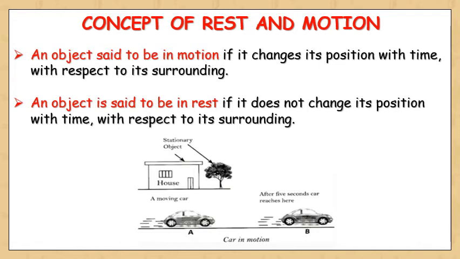After a few seconds, we see that the same car is at position B, which is quite far away from the house. So the position of this car is changing with time, and we can say that this car is moving. While the house and the tree are not moving, so they are said to be at rest.